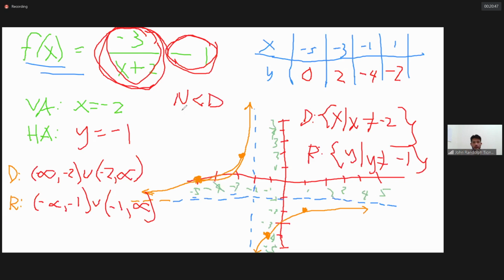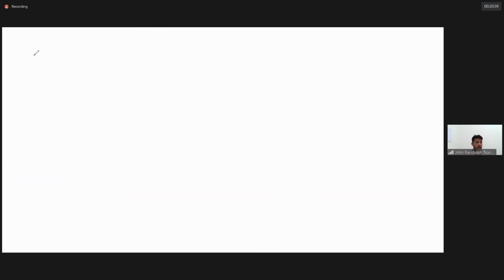Alright, you're welcome. Okay, let's have another equation and try it to yourself. Let me clear this one. And sa graphing naman, pwede kayong pumunta sa Desmos para i-confirm nyo yung graph nyo. Okay, try this equation: f of x or y equals x plus 2 over 3x minus 6.